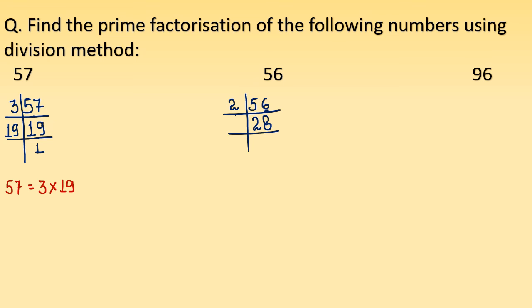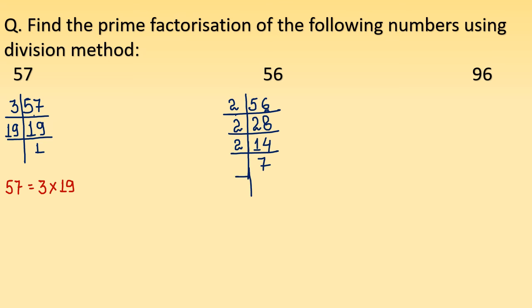Now divide 28 by a prime number. So 28 is also an even number. So we can divide it by 2. 2 ones are 2. 2 fours are 8. Now we got 14, which is divisible by 2. So 2 sevens are 14.